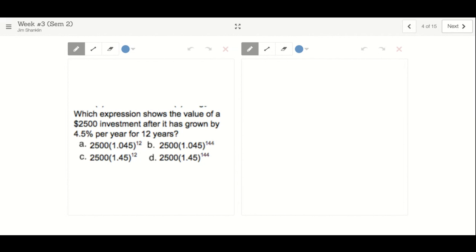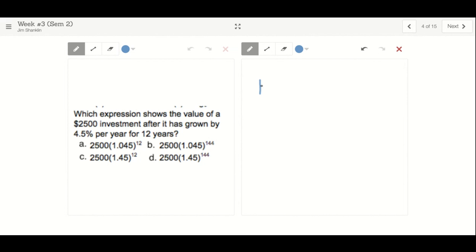Okay, so now this is where it gets a little bit wonky. They don't tell us how many times it's being compounded, okay? So if you don't know how many times it's being compounded, or if it's growth by year, then it's really just one time.